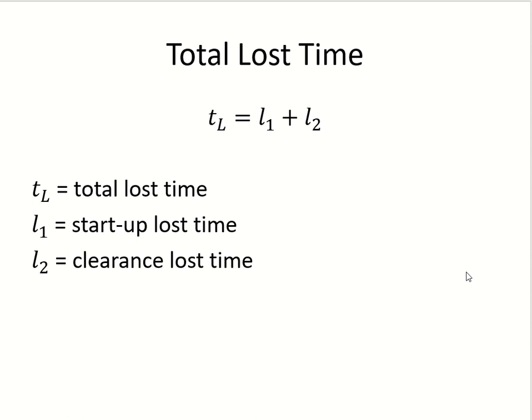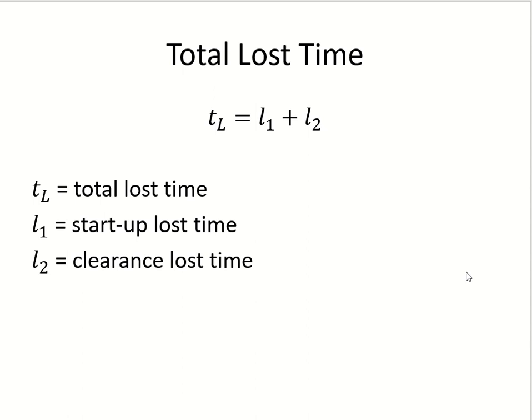Okay? So every phase has two loss times. Startup and clearance. The startup happens when the phase starts, and clearance happens when the phase ends. The all red is the end, right? So startup loss time, when the signal becomes green, first 3-4 vehicles move slowly, they take more time.